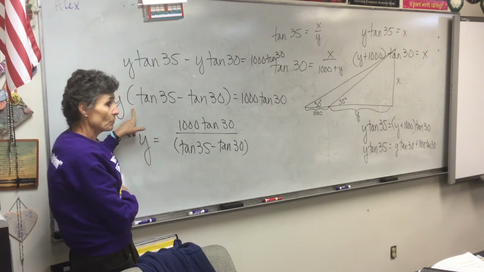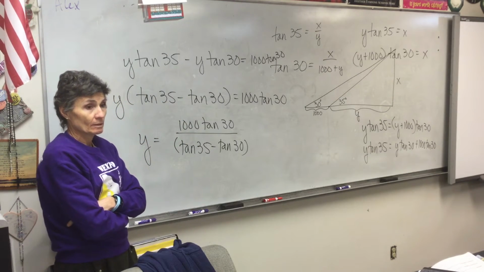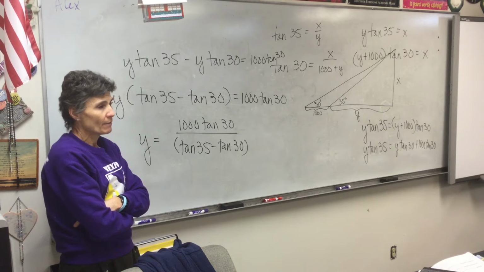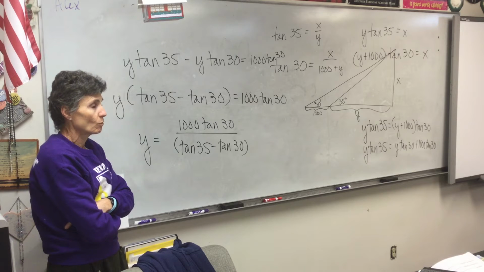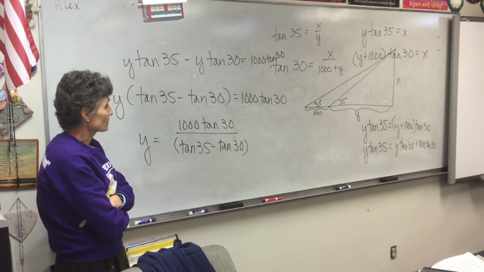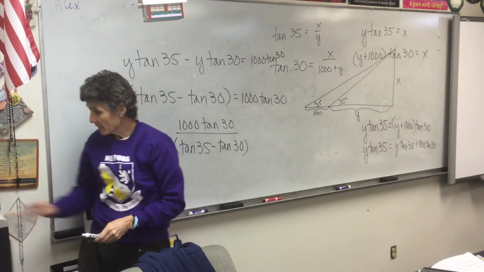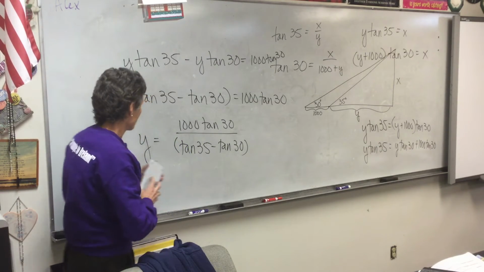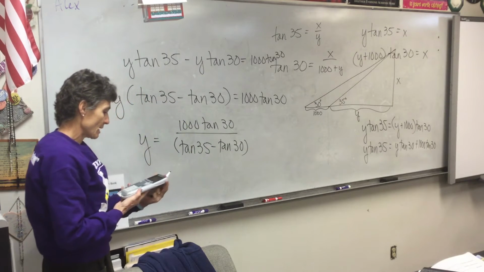Then I factored out the y and divided. Alright, you've done that process before, not with tangents, but you've done that thing before when you found the inverse of functions. Alright, so now we're ready to type it in. Notice I kept these parentheses here because they are necessary when you type it in.